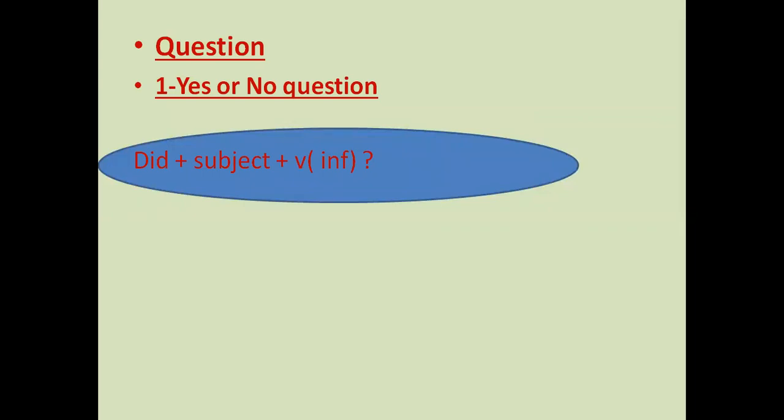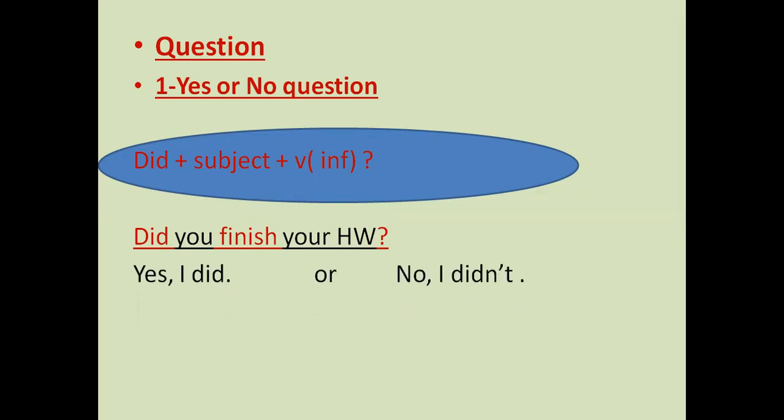We start with did plus the subject plus the verb in infinitive. Look at this example. Did you finish your homework? So we start with did, and we put the subject you, and we put the verb finish in infinitive, and we complete the question. So did you finish your homework? This is a yes or no question. So the answer will be yes or no.